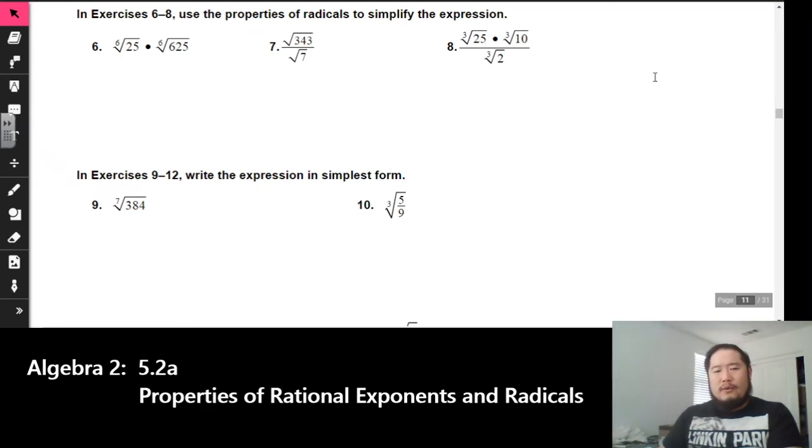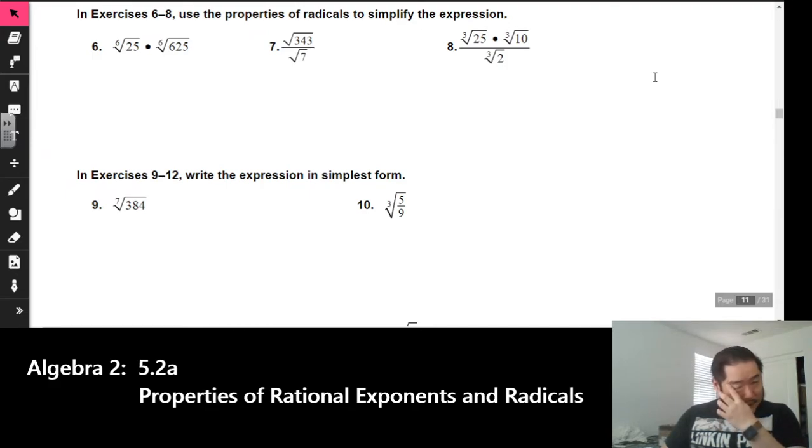Or there might be some problems where the answer is in a radical. So you've got to try to figure out how to get an answer in radical form still.